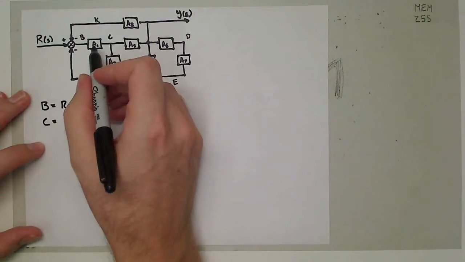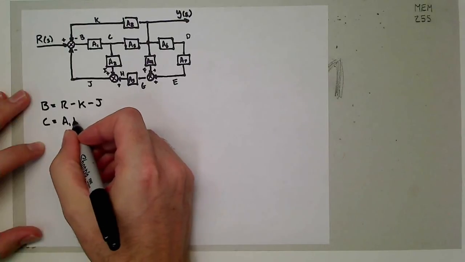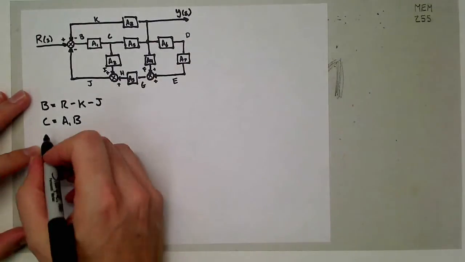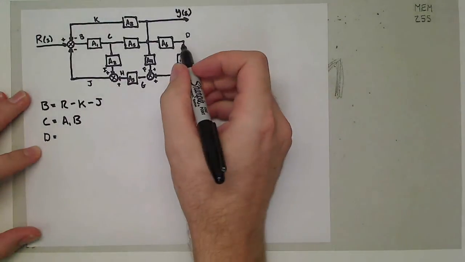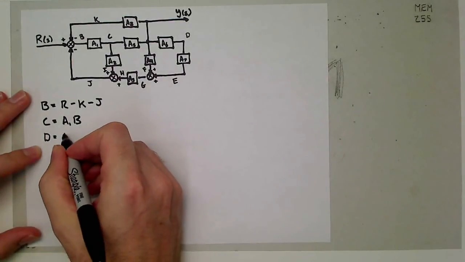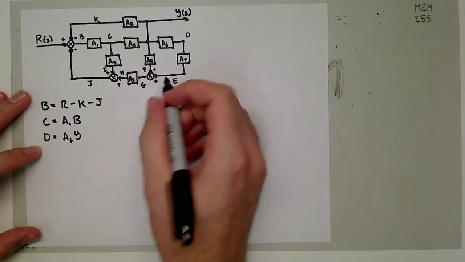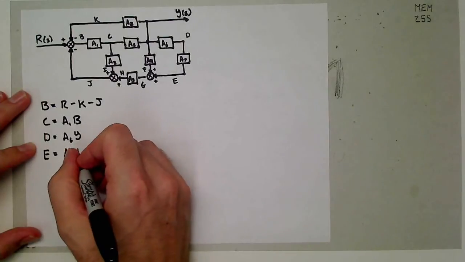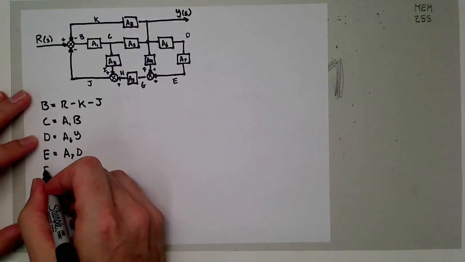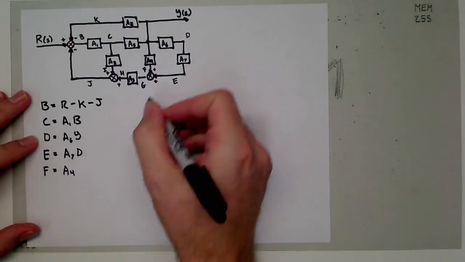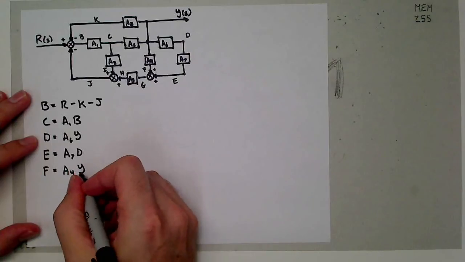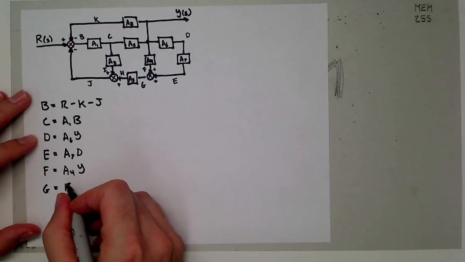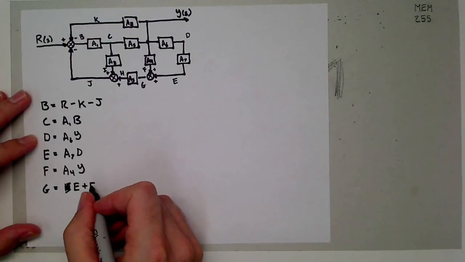C is going to be equal to A1 times B. Y here, or I'll just skip to D. D is equal to A6 times Y. E is equal to A7 times D. F is equal to A4, that's a 4 there, A4 times Y. G is equal to E plus F. Okay.